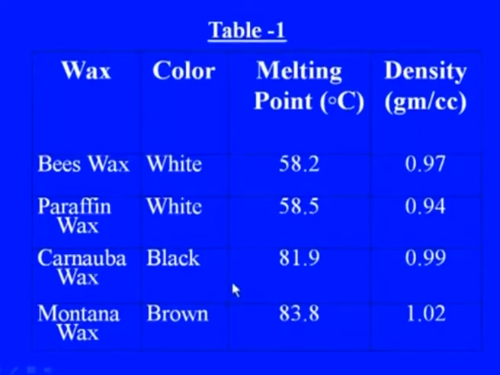On the other hand, Montana wax appears brown in color, and the melting point is also the highest among these four classes of wax we have discussed, at 83.8 degrees Celsius, with the highest density of 1.02 gram per cc.